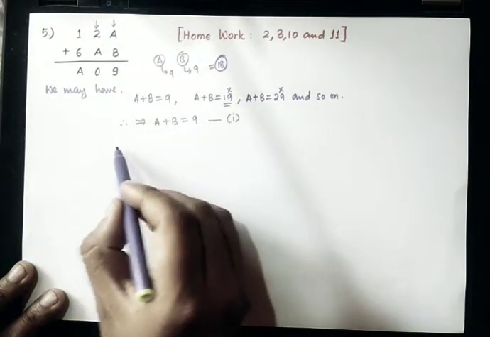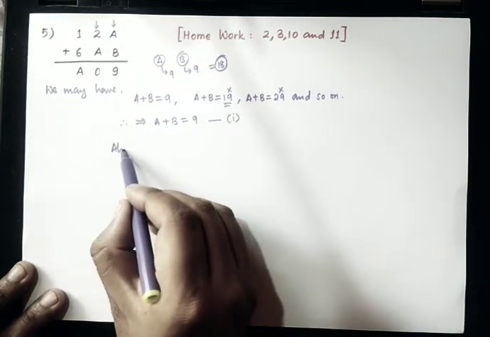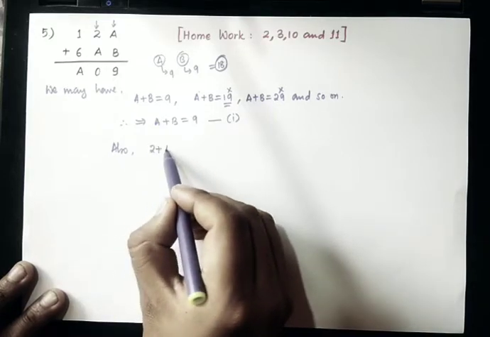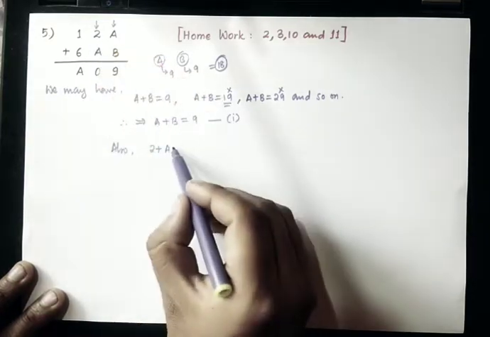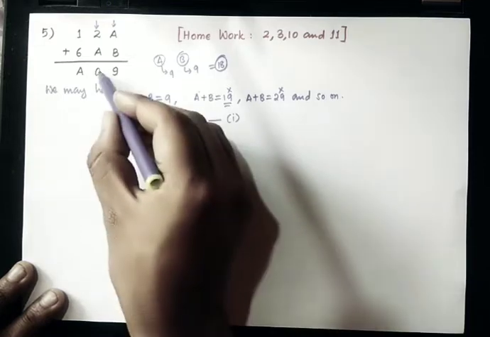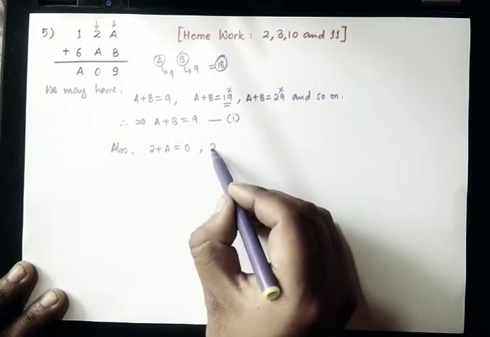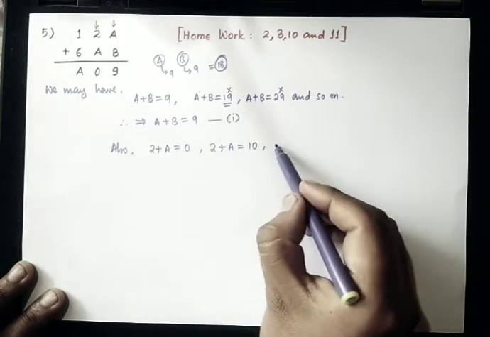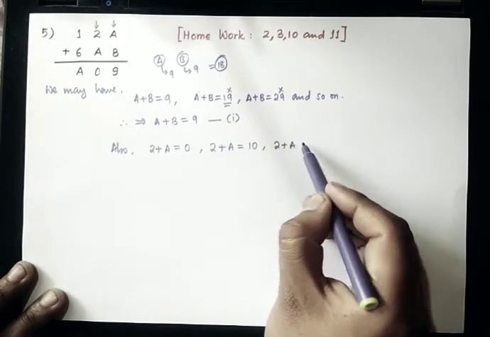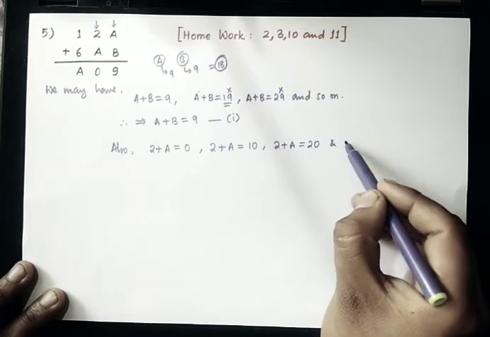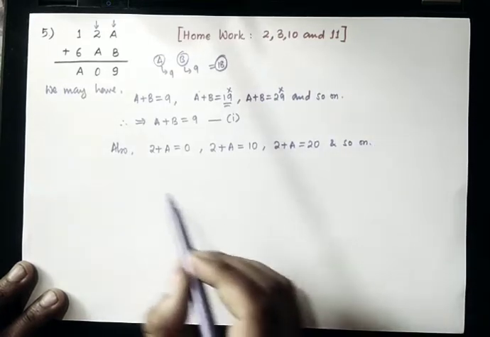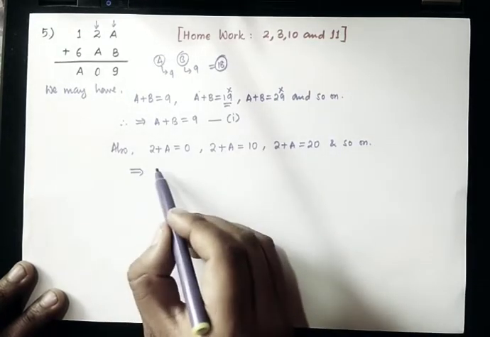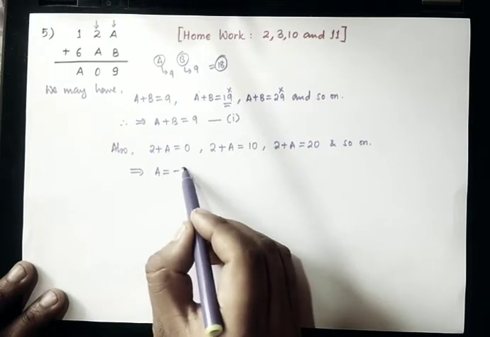Okay, so we have also 2 plus A. 2 plus A can be either 0, or 2 plus A can be equal to 10, or 2 plus A can be equal to 20, and so on, right? So from here, what is the value of A? From here the value of A is minus 2.